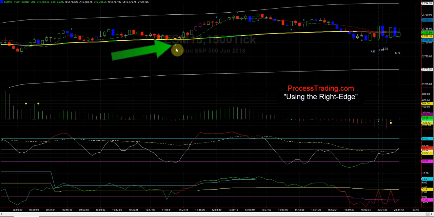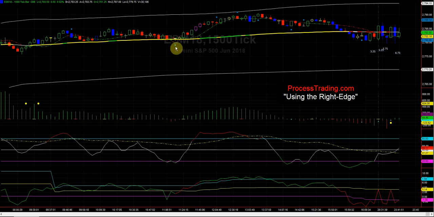and using the processtrading.com trade management system. And that system says that we can take a trade to the long side if the VWAP is yellow and we have a timing alert dot that is below the price bar. So we have that right here.